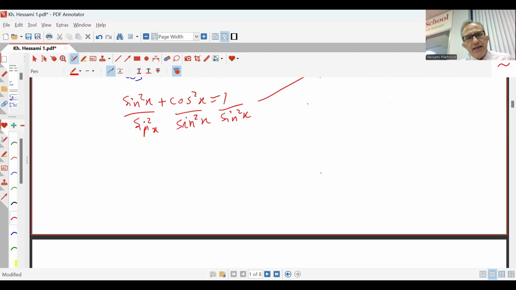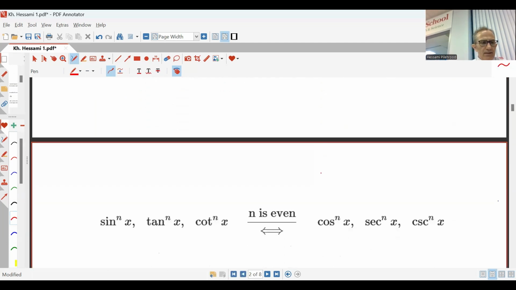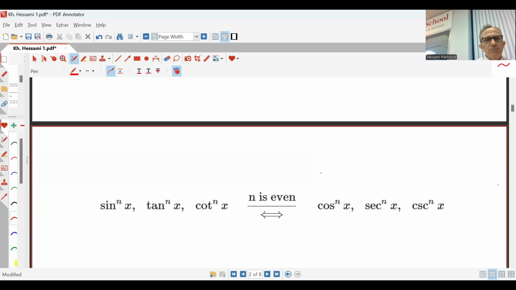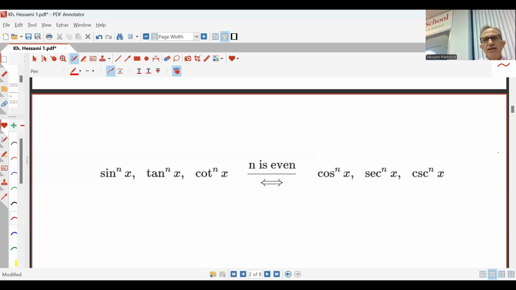With the Pythagorean identities, we can freely write even powers of sine x, tangent x, cotangent x in terms of even powers of cosine x, secant x, and cosecant x, and vice versa.